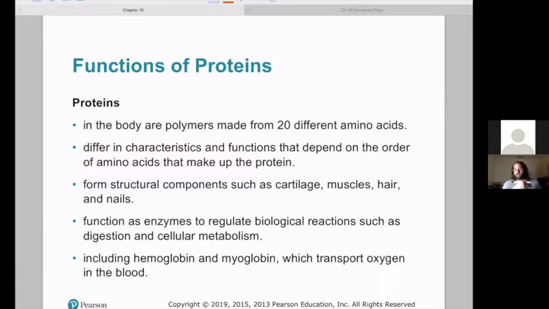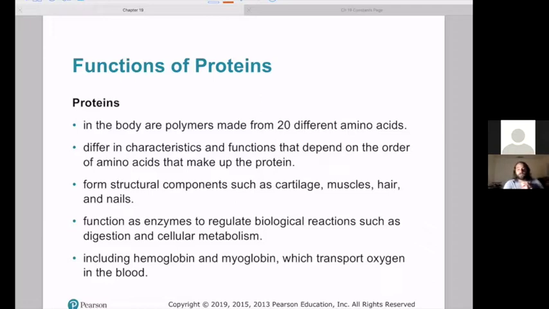So when we talk about sugars being metabolized, that's a protein breaking it down. When we talk about DNA being read, that's a protein doing that. DNA being packaged, DNA being made, sugars being imported into the cell, sugars being linked together to form starches. All of that stuff is done by proteins.